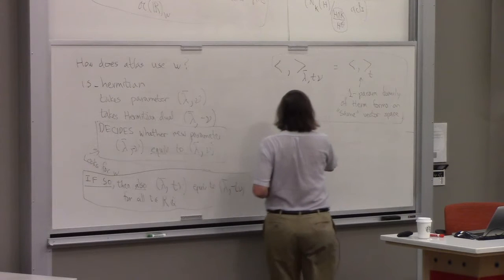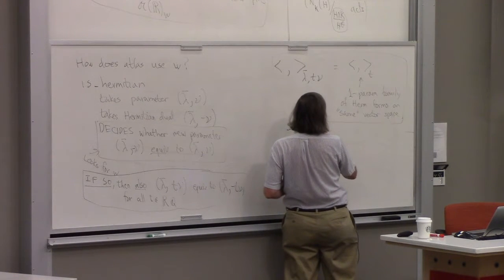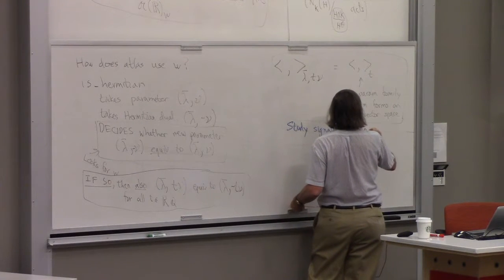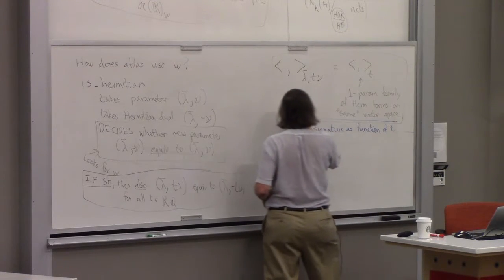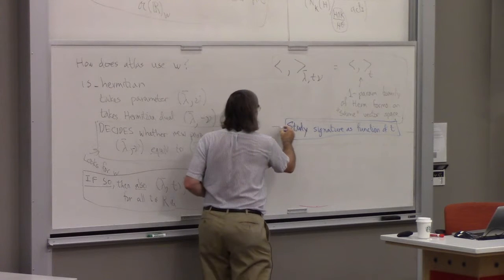And so the precise thing here is to study the signatures as a function of t. This is what Atlas does.